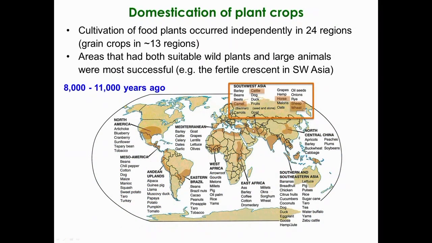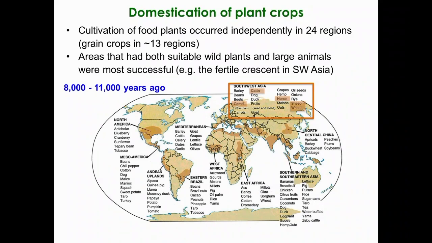This region here in Southwest Asia, often referred to as the Fertile Crescent, was particularly successful at domesticating a range of plants and animals. Particularly the cereals like wheat and barley were domesticated originally in this region, and then as populations moved into other parts of Europe and Asia, they took these domesticated plants and animals with them.